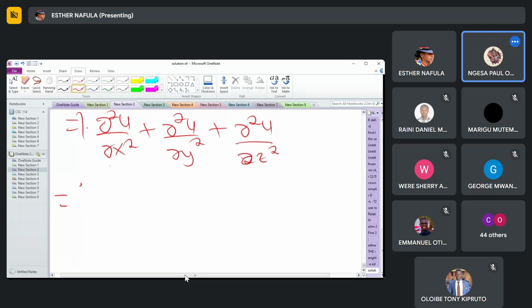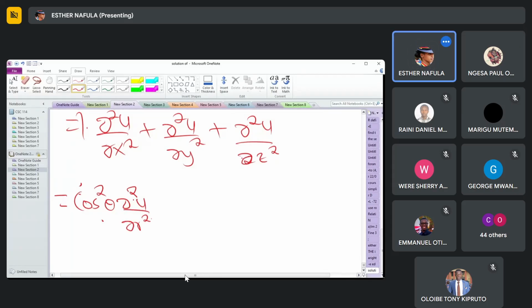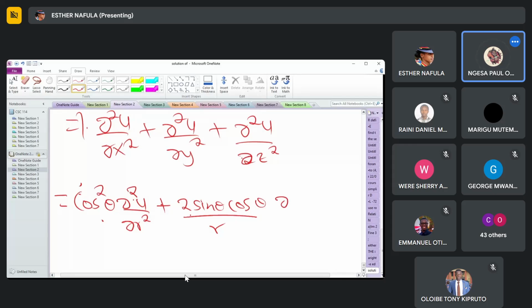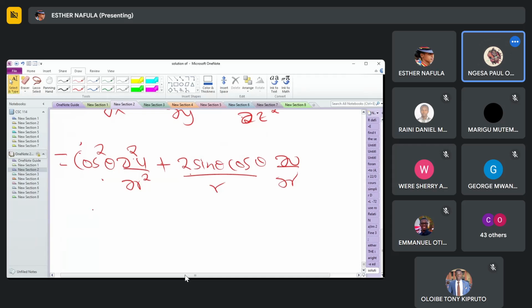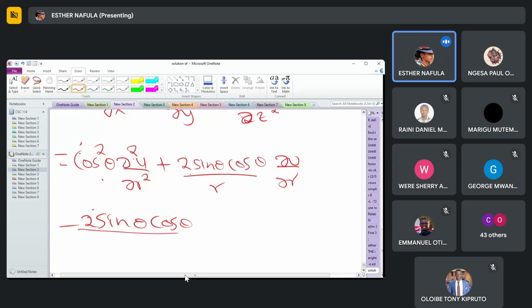Cos squared theta partial squared u partial r squared, plus 2 sin theta cos theta over r partial u partial r, minus 2 sin theta cos theta over r partial squared u partial r partial theta.